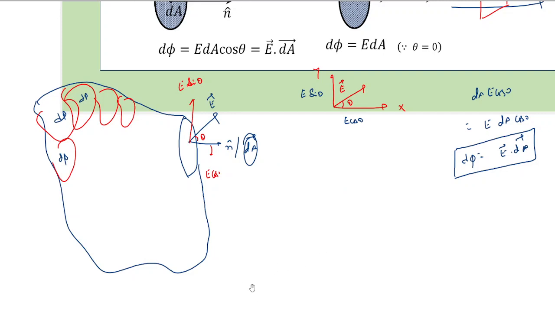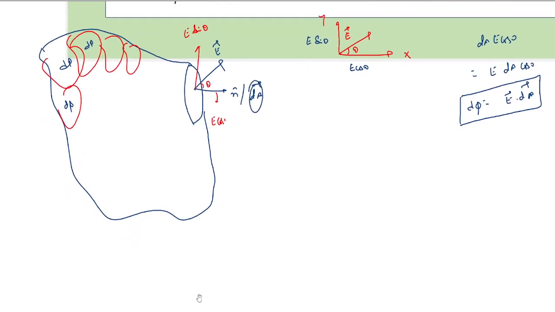But what I want is the flux of the entire area. So the total flux through the entire region would be adding all the small fluxes. In this term, it is given as integrating all the small fluxes.